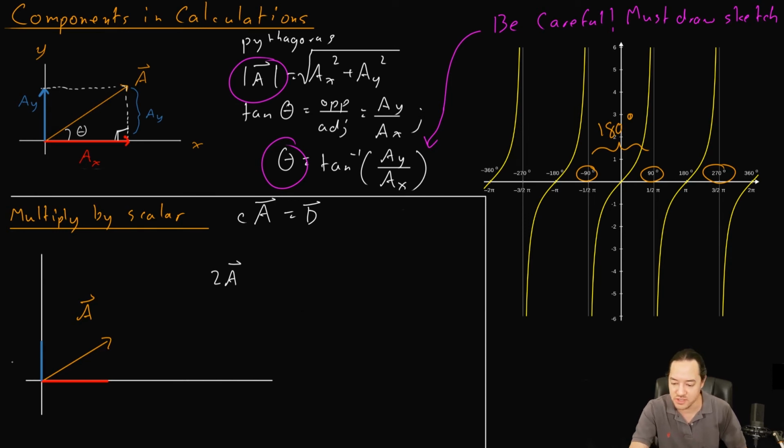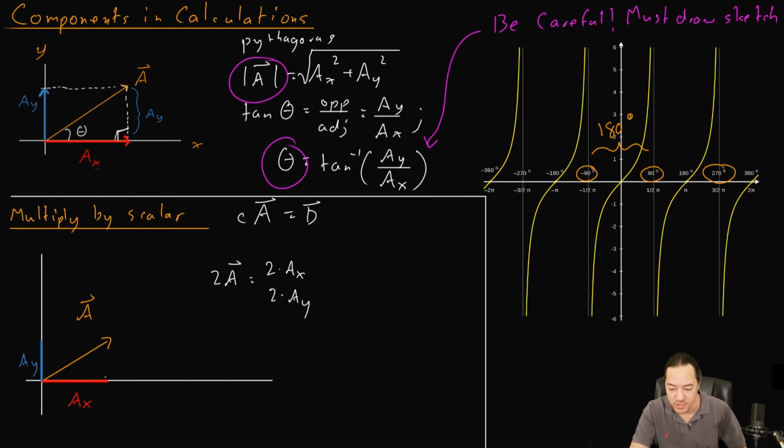So this is a sub y, and this is a sub x. Well, what we can do is multiply the components by the scalar. We're going to multiply this scalar times a sub x, and multiply it by a sub y.